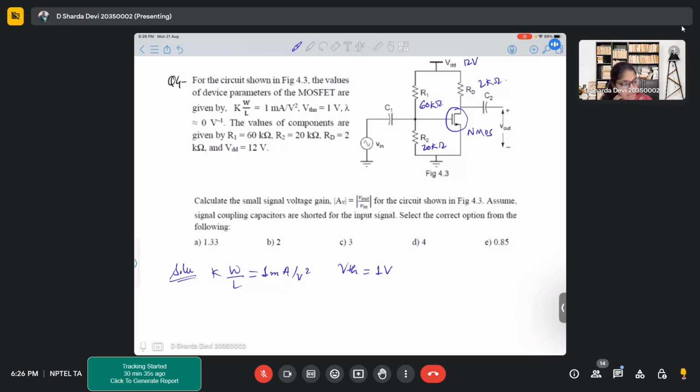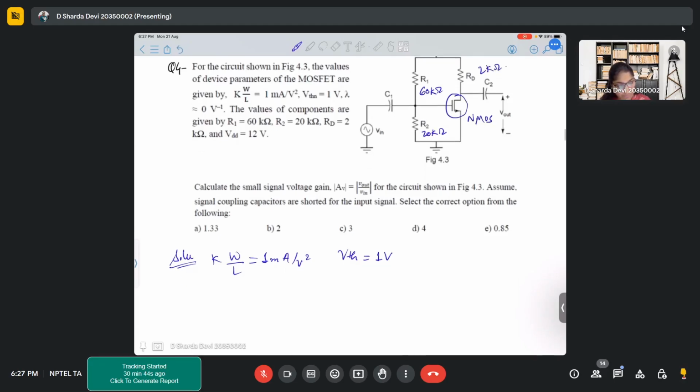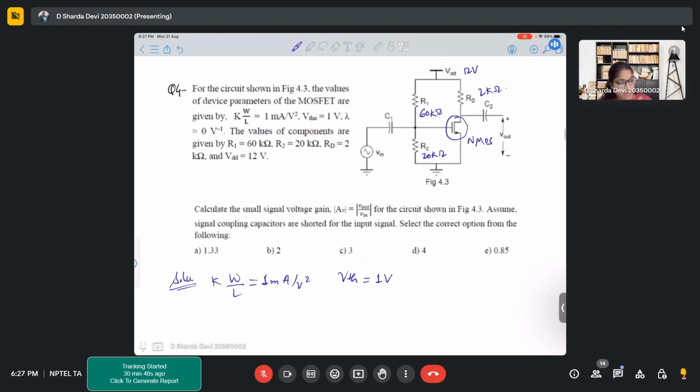And what amplifier configuration is this? Common source. Yes, it is a common source, CS amplifier, because gate, drain, source. So this is a common source amplifier with these particular components.